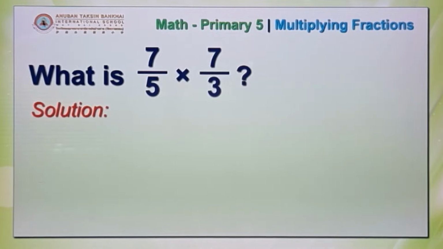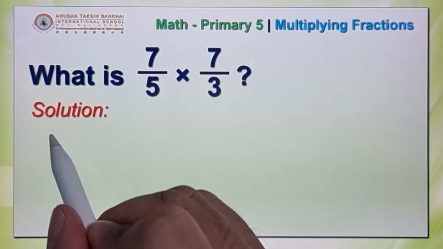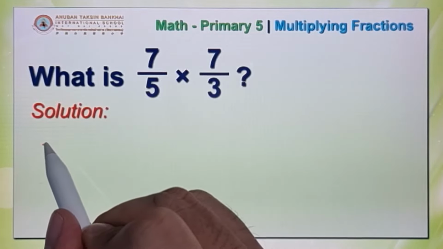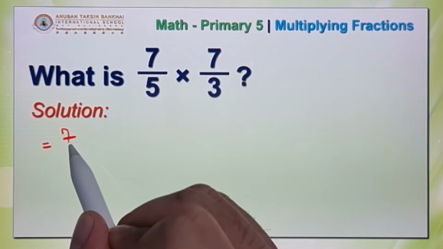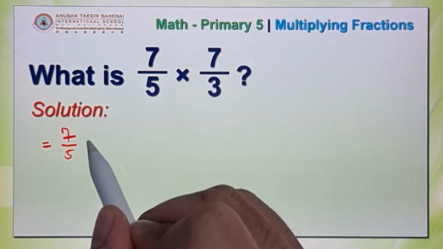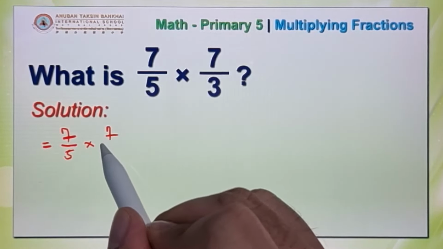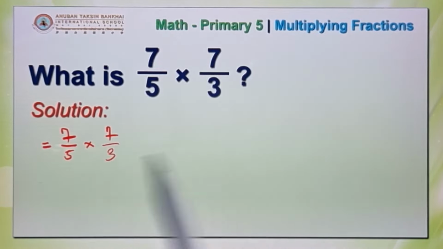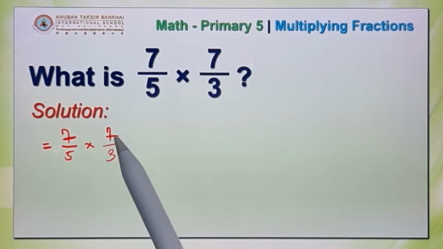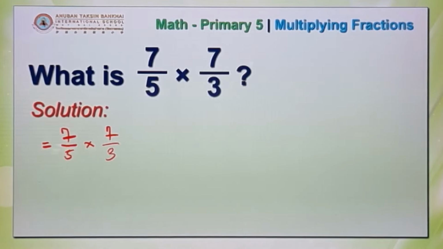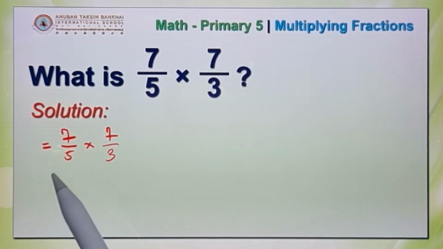What is 7 over 5 times 7 over 3? So let's rewrite this one here. 7 over 5 times 7 over 3. Can we simplify or can we cancel a numerator and denominator? Let's check.